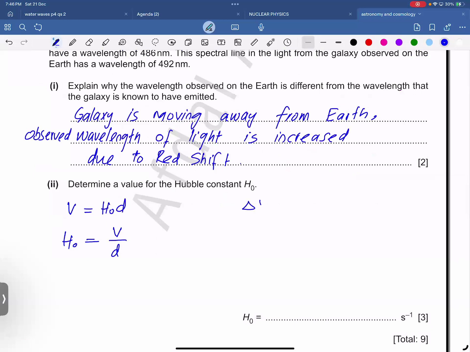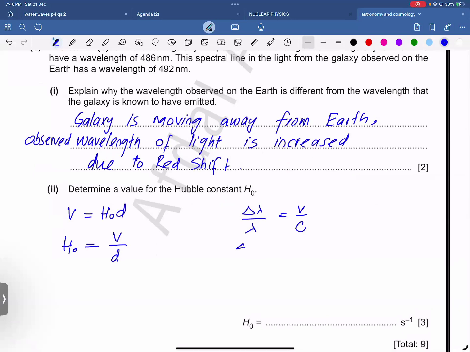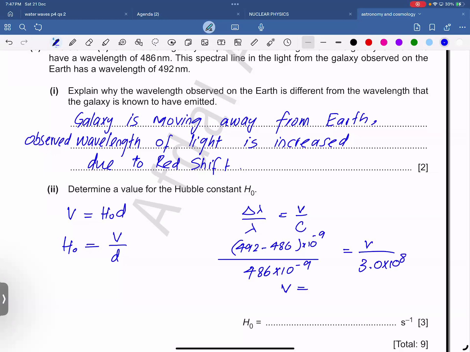Using Doppler shift, delta lambda over lambda equals V over C. Delta lambda, change in wavelength, 492 minus 486 nano, over 486 nano, V over C. V is 3.7 into 10 power 6.